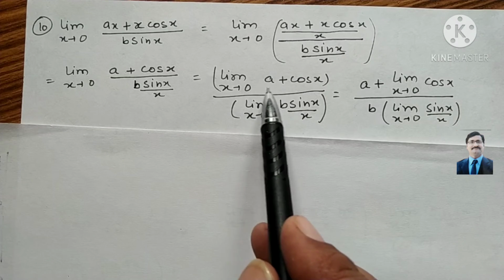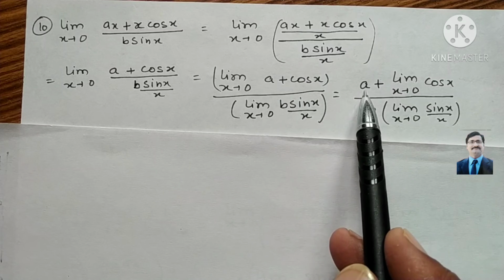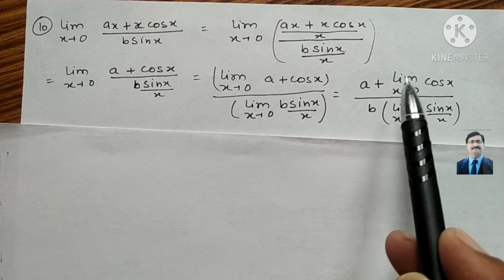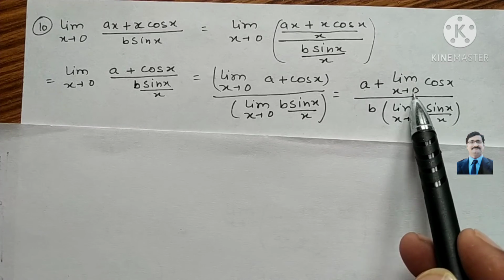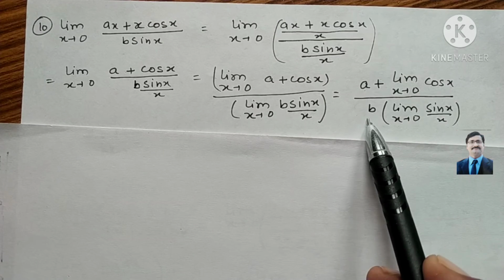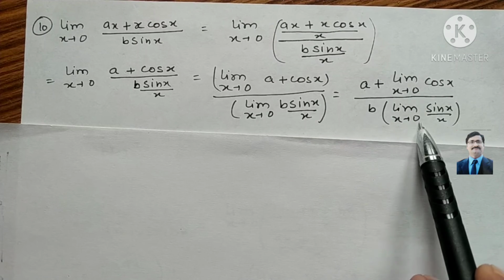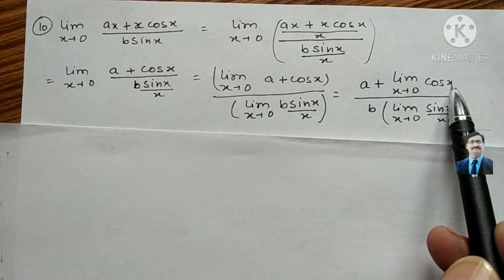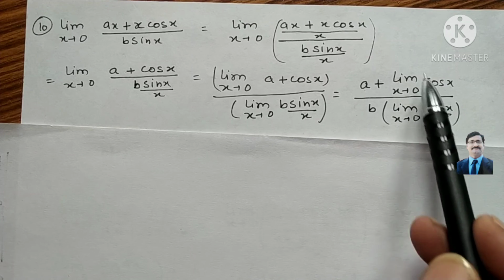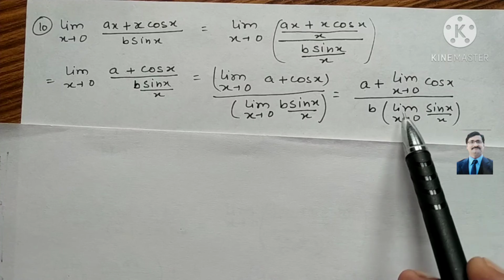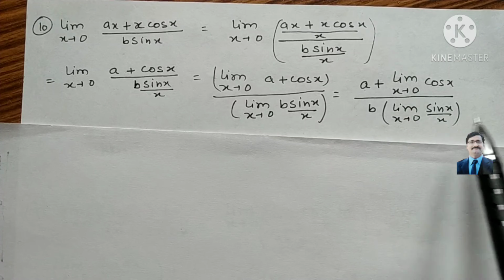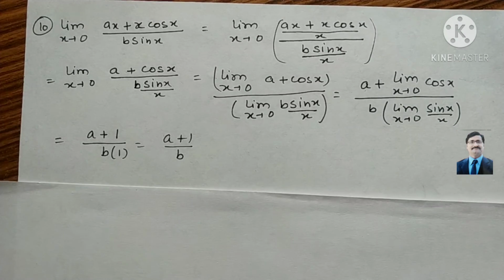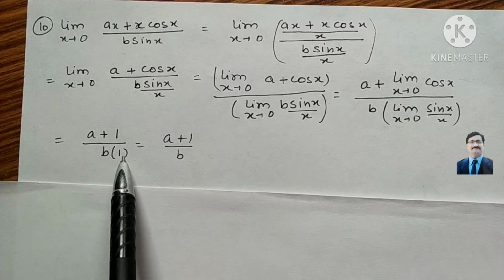If we use the limit on a there is no change, so we get a only, plus the limit as x tends to 0 of cos x, and in the denominator we have b times the limit as x tends to 0 of sin x upon x. Now if we put 0 here, cos 0 is 1, so we can write 1 here, and this is the standard formula, limit x tends to 0 of sin x upon x is 1. So we will put a plus 1 upon b into 1, a plus 1 upon b.